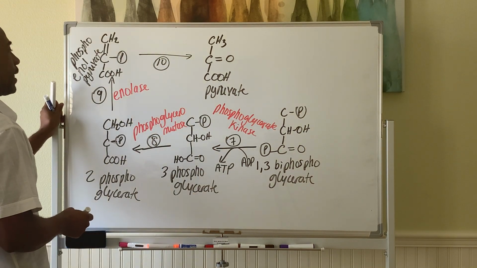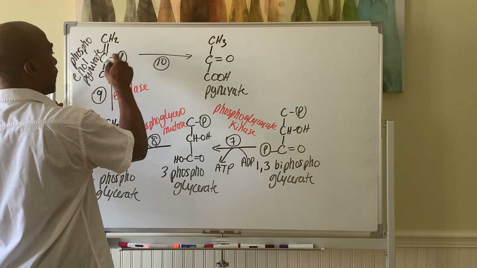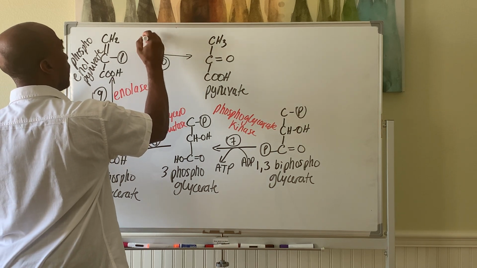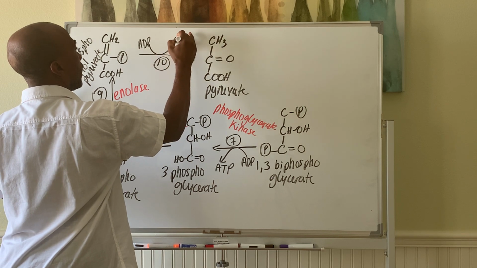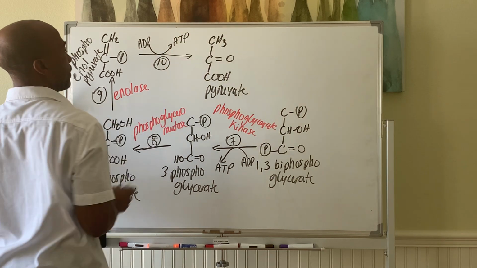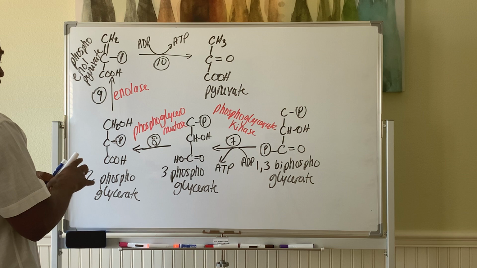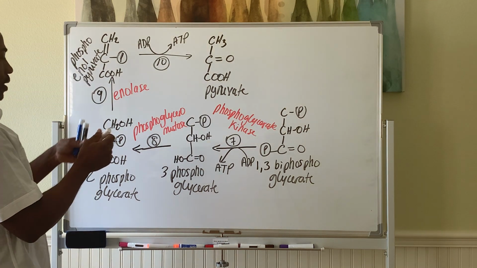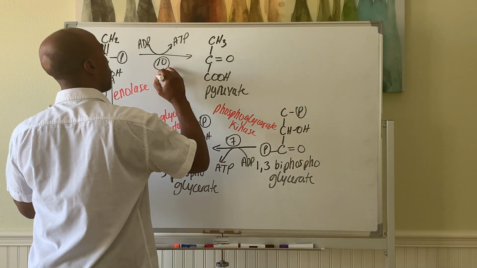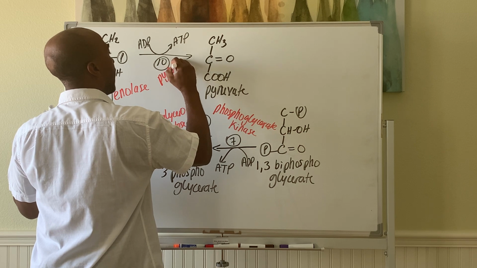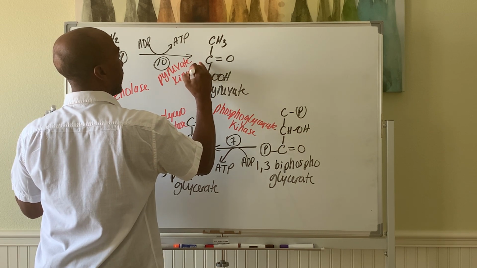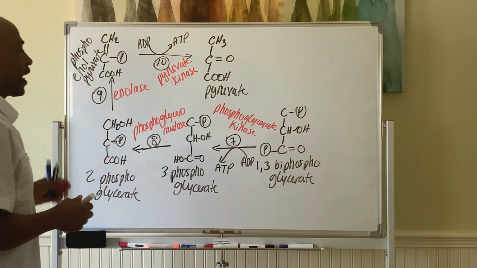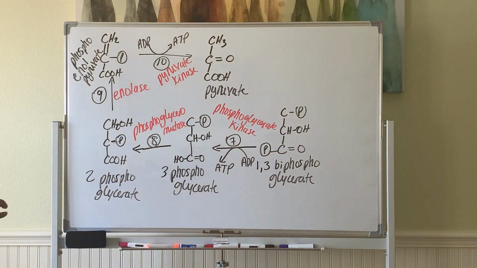Okay, and the phosphate that was here is now again used to form an ATP. Okay, and that enzyme that does this one is called pyruvate kinase. So those are your 10 reactions of glycolysis.